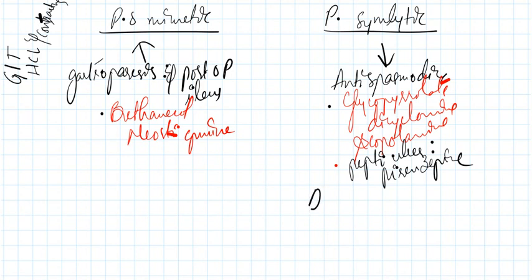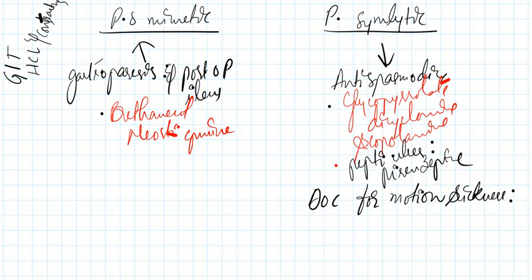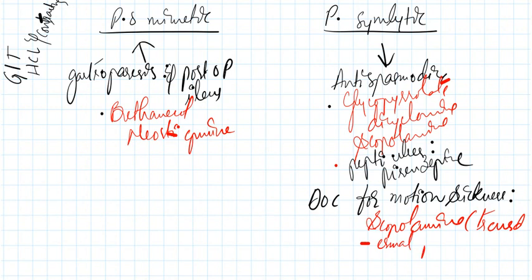Now there is one important thing in parasympatholytics. What is the drug of choice for motion sickness? You got this question multiple times, nearly in 3 years of question papers. The drug of choice for motion sickness is scopolamine transdermal patch, which is kept at least 4 to 5 hours before the travel or journey.